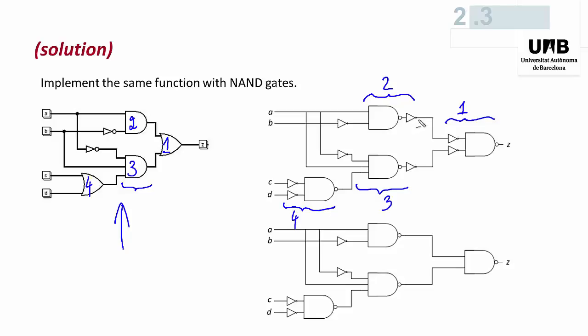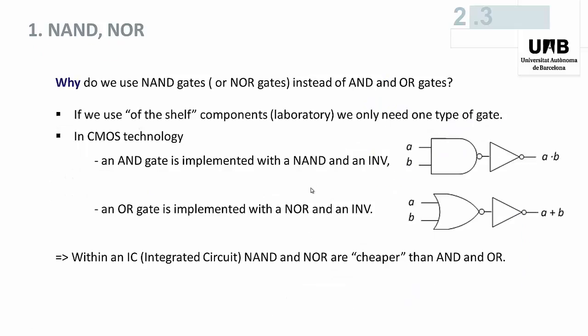Finally, observe that here we have two inverters connected in series, and here also, and they can be replaced by a simple connection. This is the reason. Now, a rather natural question: why do we use NAND gates or NOR gates instead of AND and OR gates?